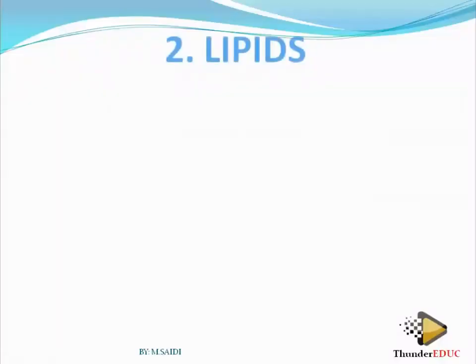Let's look at lipids. When we talk about lipids, these are fats and oils. Fats are found in animals, while oils are found in plants. When you go to a supermarket, you will find sunflower oil. It means that it is made from a lipid from a plant called sunflower.